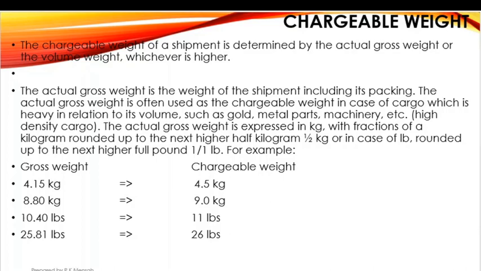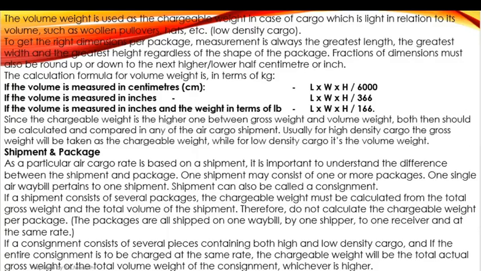Now look at the formula that we use to get the volumetric weight. If it's in centimeters, we multiply all the dimensions together and divide by 6,000. That will give you the volumetric weight. If it is inches, we divide it by 366.